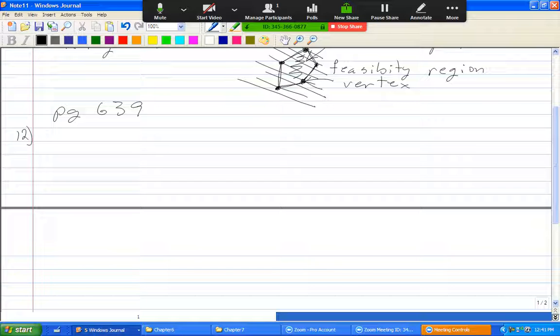Maximize P, which has the form x minus y, with the following constraints. y is less than 5, x is greater than 0, y is greater than 0.